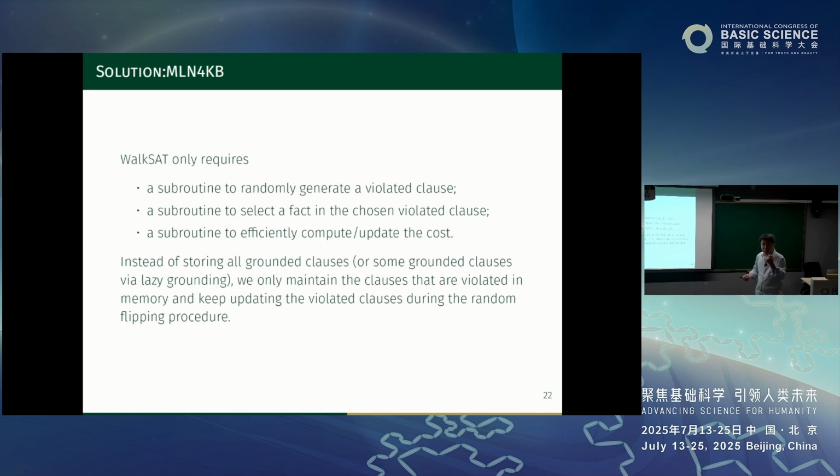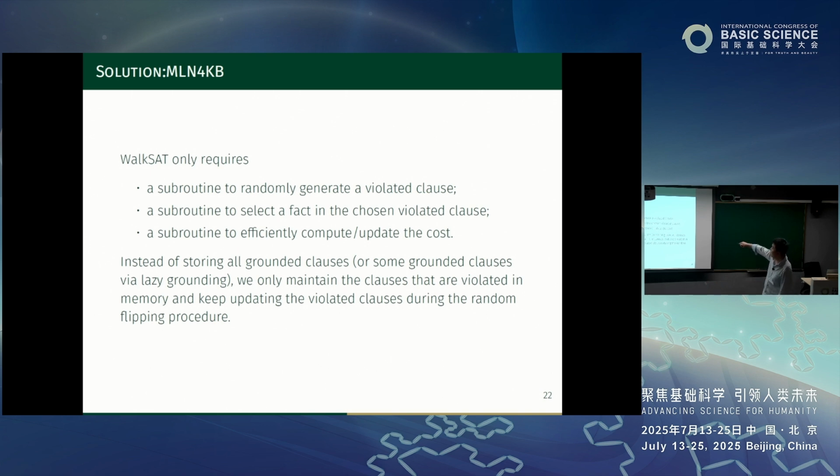Pick one, maybe pick 2, and take it out. Then I use another subroutine to select a fact in the chosen violated clause. This rule is violated, and I see what facts are involved in the rule, take one out and flip its sign, just as in the WalkSAT algorithm. Then I use another subroutine to efficiently compute and update the cost, your target function.